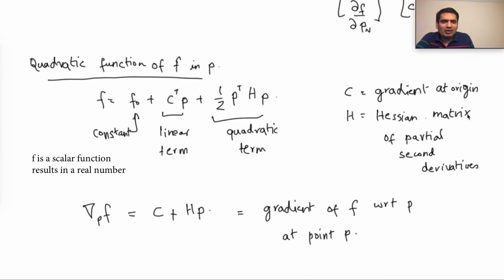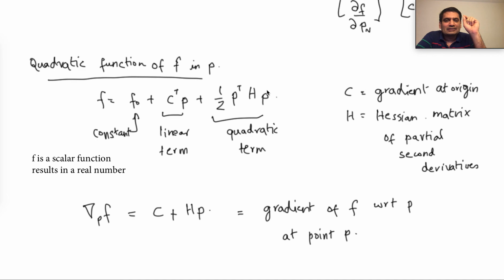H is sometimes called the Hessian matrix. It's the matrix of second partial derivatives of this function f with respect to P. In other words, H11 is going to be d squared f by dP1 squared.